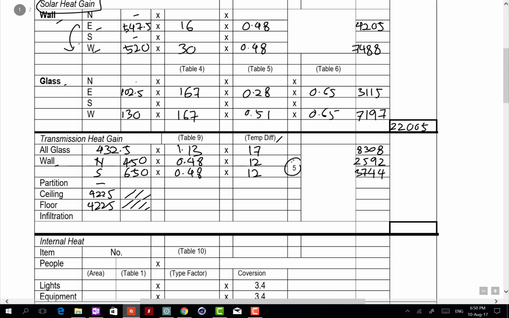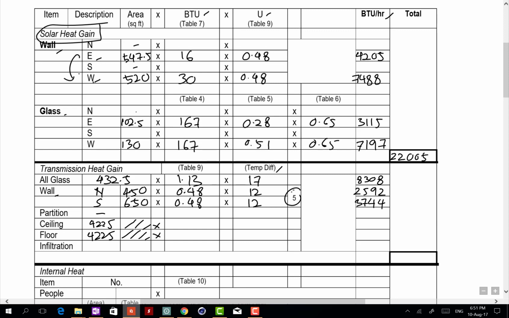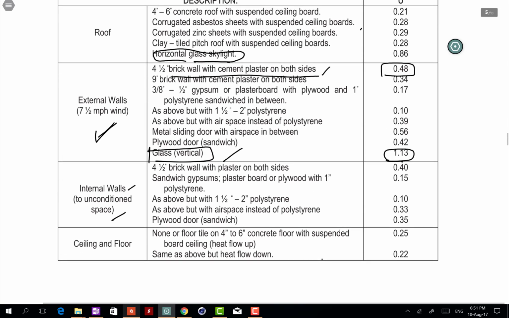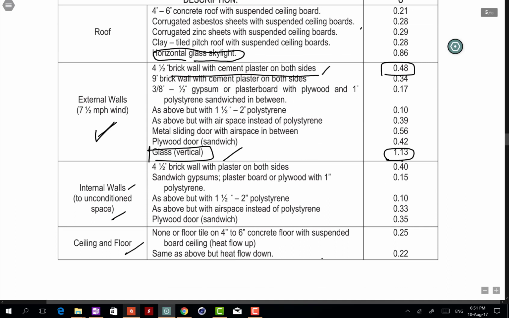And then multiply with table 9. Okay, so from table 9 we need to choose value for ceiling and also floor. Okay, so this is ceiling and floor, right?